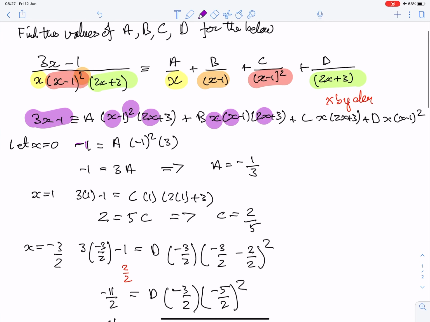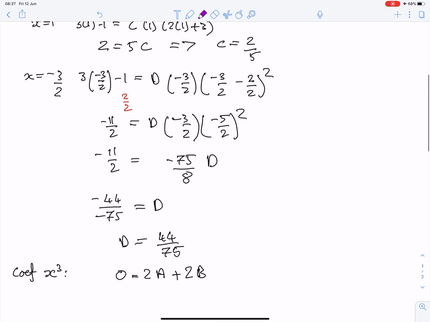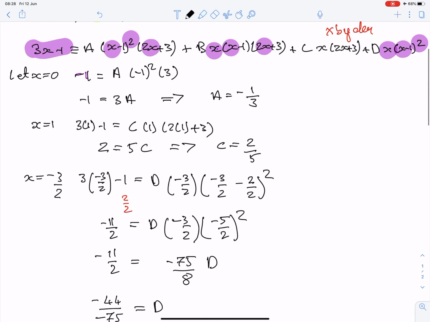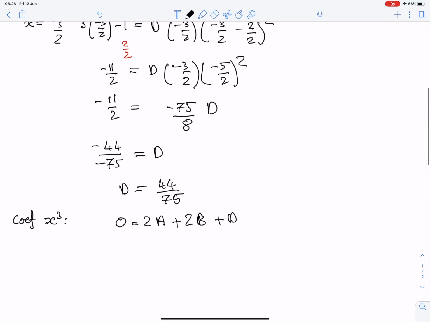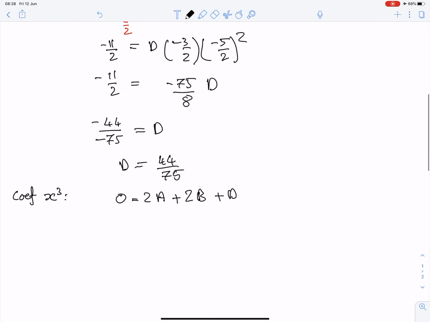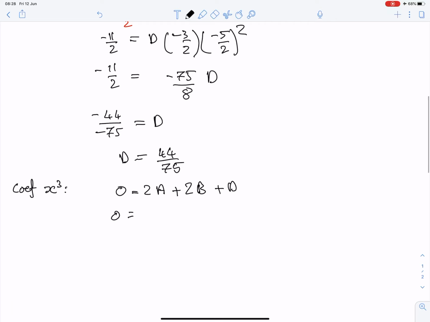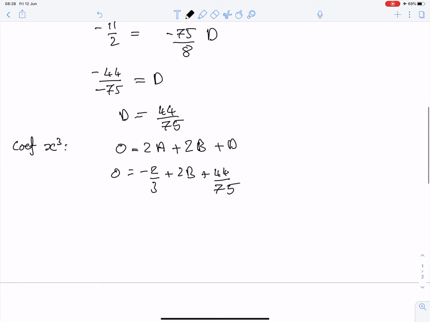And the D term, we've got x squared times x, so we've got plus D. Now hopefully we can find out the value of B from here. A is negative 1/3, so we've got 0 equals negative 2/3 plus 2B plus 44 over 75.